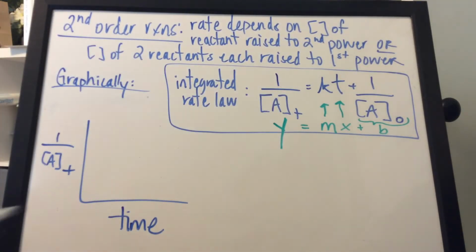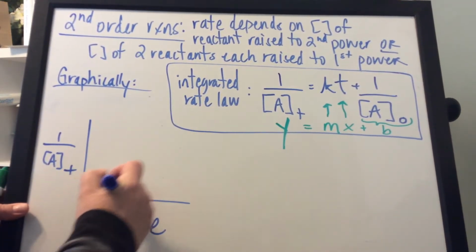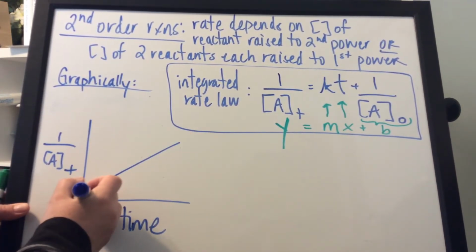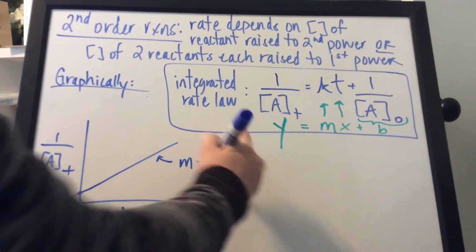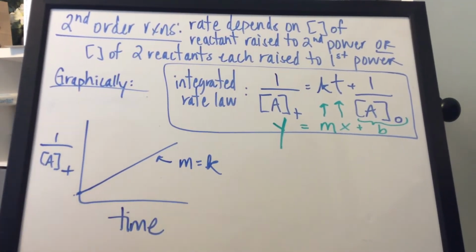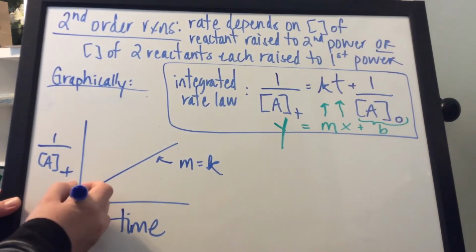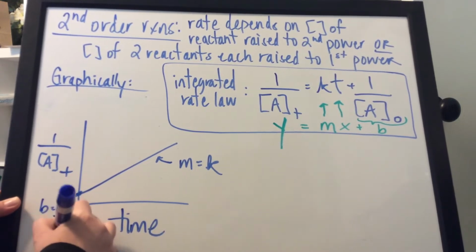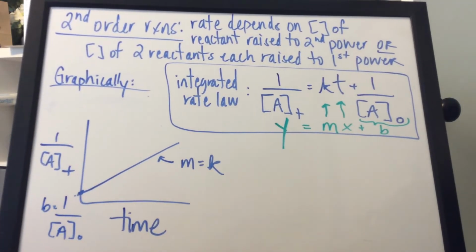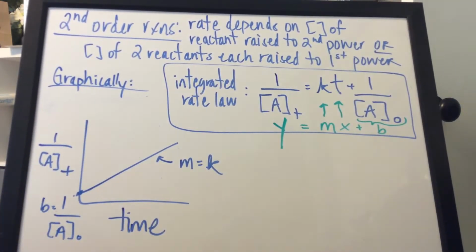So this graph would have a positive slope and it would look something like this. It'd be a straight line. m would be equal to k. It's kind of funny to write like that. And my y-intercept, which would be b, would be equal to 1 over the initial concentration of A.